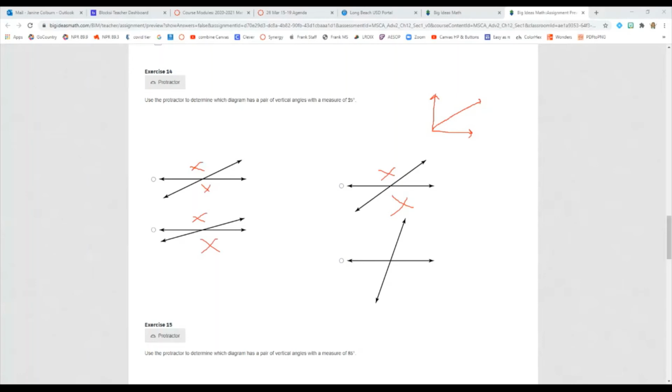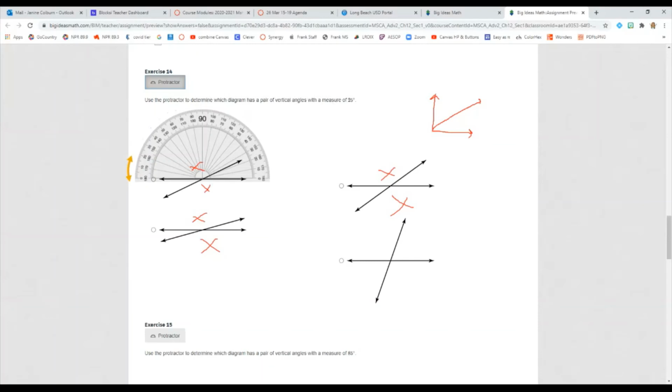So I'm going to click on the protractor. Now with the protractor, you want to make sure that the vertex, right here is the vertex, lines up with the crosshairs of the protractor. So I can move this protractor, and I want to make sure that the vertex lines up with those crosshairs, and that this ray right here lines up with the 0.